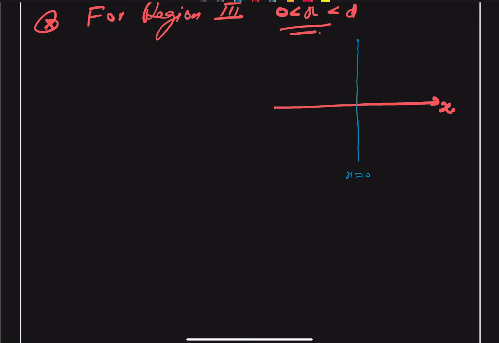We have another wire at x equal to minus d, and the third wire at x equal to d.